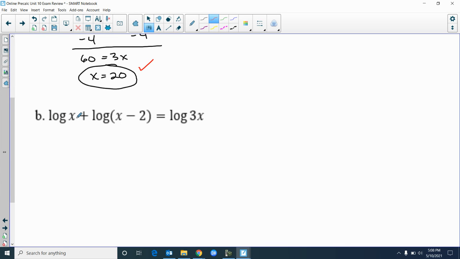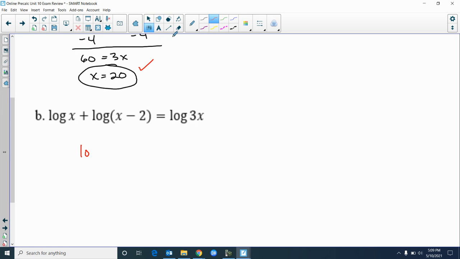All right, this is a little bit different because each term has a log in it. Remember, if it doesn't have a base here, it's automatically base 10. But what we need to do is simplify each side so there's a single log equals a log. So we're using our rules from the last problem, condensing.